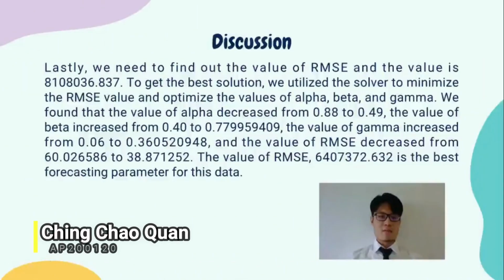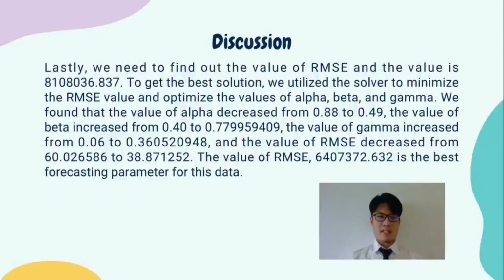Firstly, we need to find out the value of RMSE, and the value is 8108036.837. To get the best solution, we utilize Solver to minimize the RMSE value and optimize the values of alpha, beta, and gamma. We found that the value of alpha decreased from 0.88 to 0.49. The value of beta increased from 0.4 to 0.7799569409.